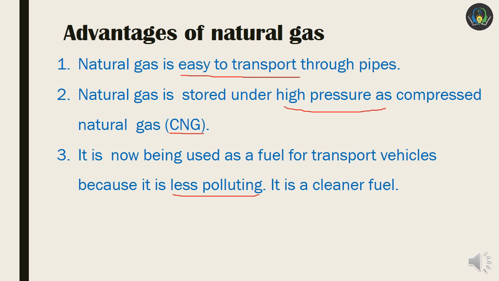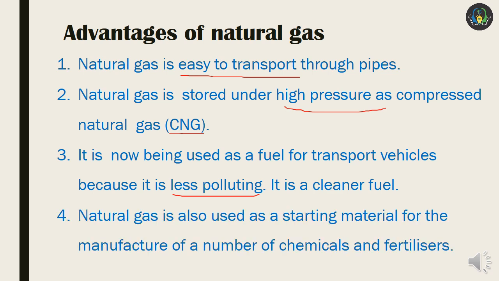You may have seen yellow and green color rickshaw, which is nothing but running on CNG, and hence they have colored it differently so that you can choose wisely. Natural gas is also used as a starting material for the manufacturing of a number of chemicals and fertilizers. So these are the various advantages of using natural gas.